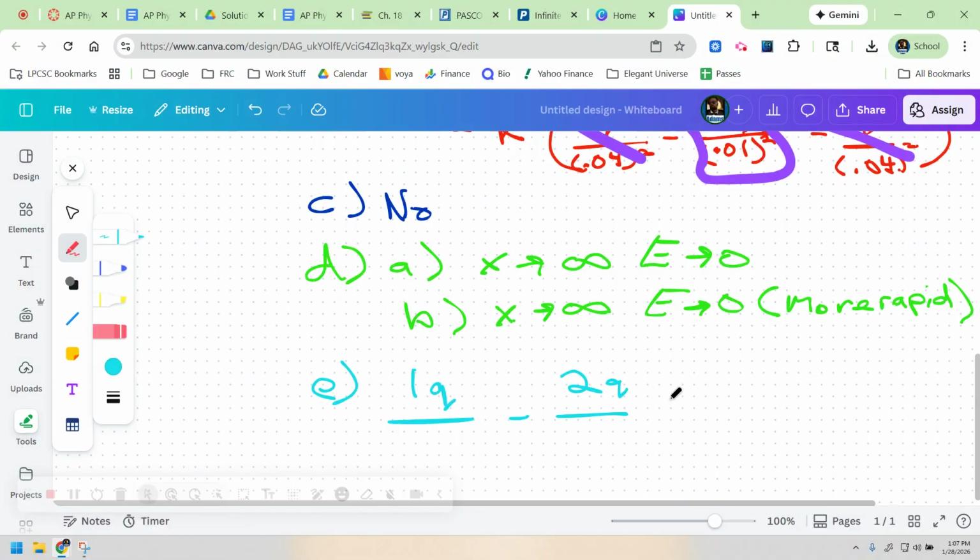And then I have plus another charge. I'm looking for a position, and I don't know what that position is. I don't want to call it X because it says to use a graphing calculator, and I'll show you how to do it. I'm going to use the variable Y, and so this is our position.